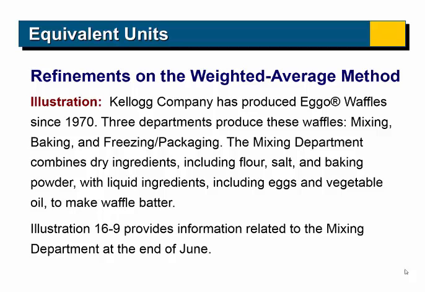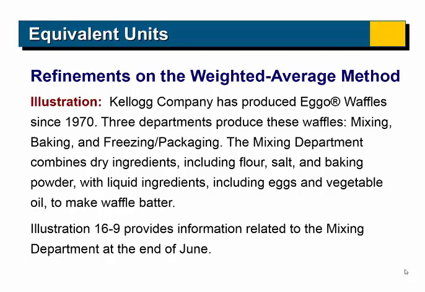Okay? Kellogg Company has produced Eggo waffles since 1970, and they have 3 departments that produce these waffles. The first department is the mixing department. The second department is the baking department, and the third department is freezing and packaging.